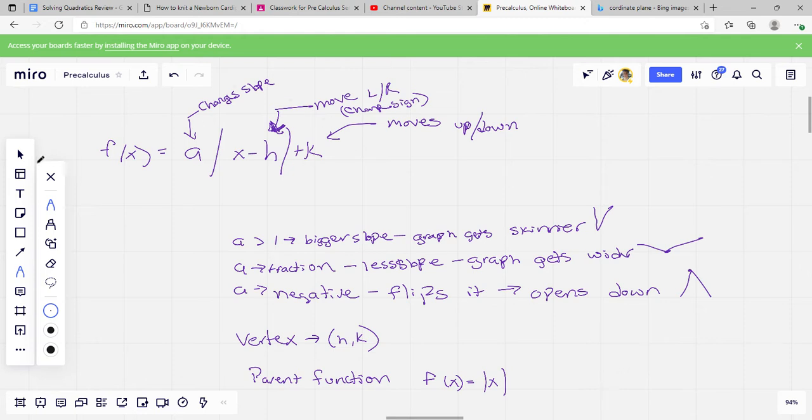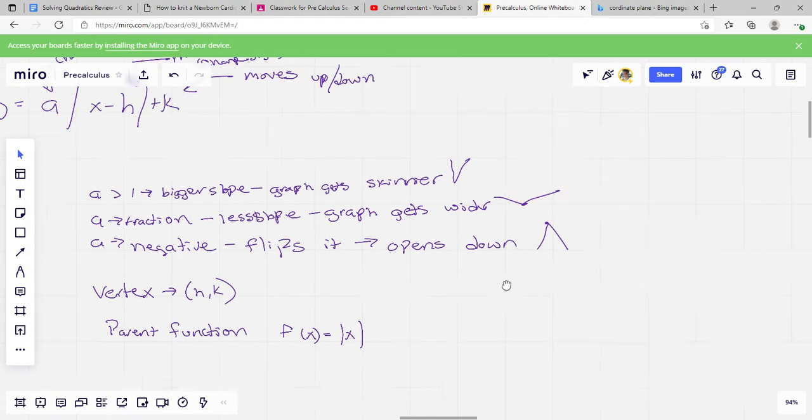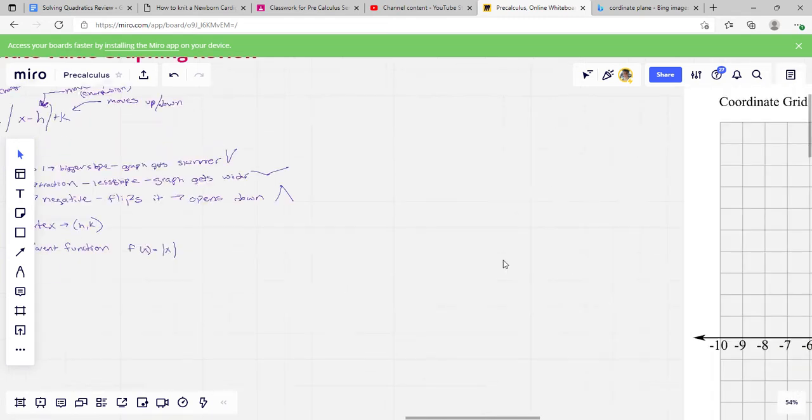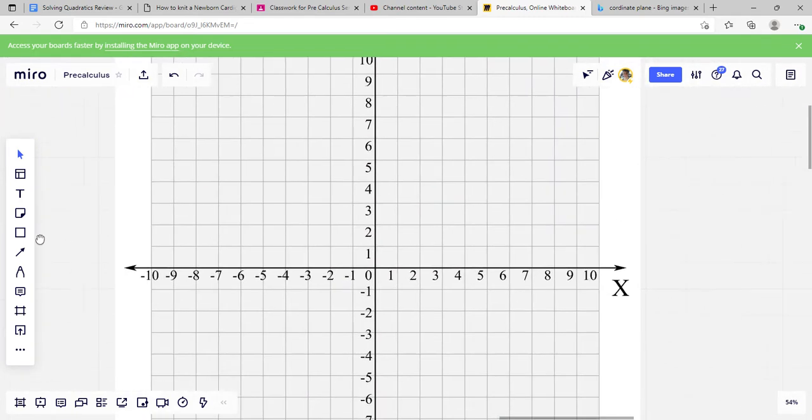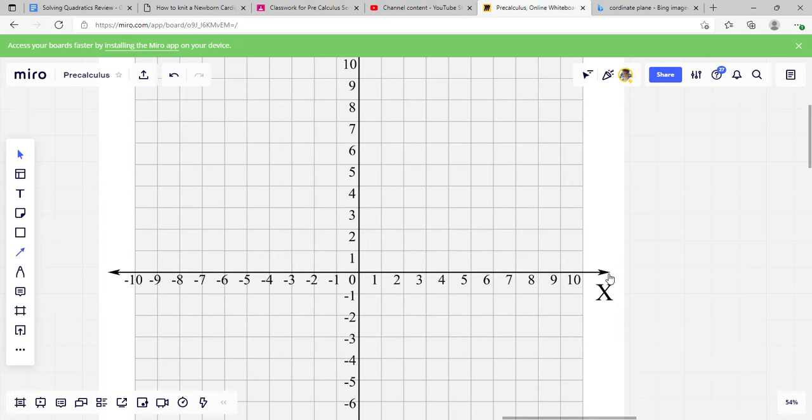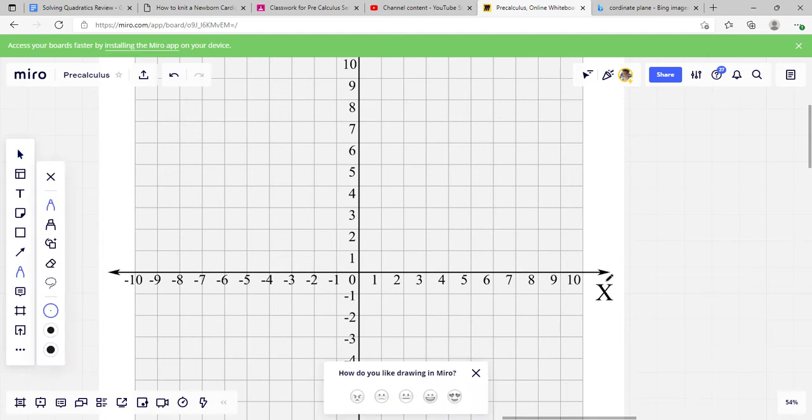Alright, we'll graph a couple. I got a graph over here. First we'll do our parent function. I'll do each of these in a different color. So f of x equals the absolute value of x.